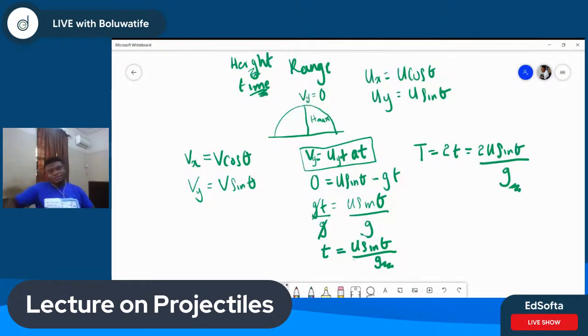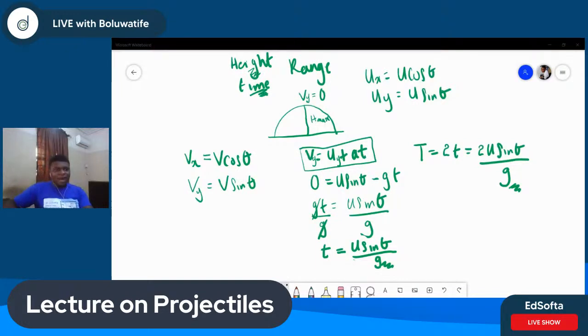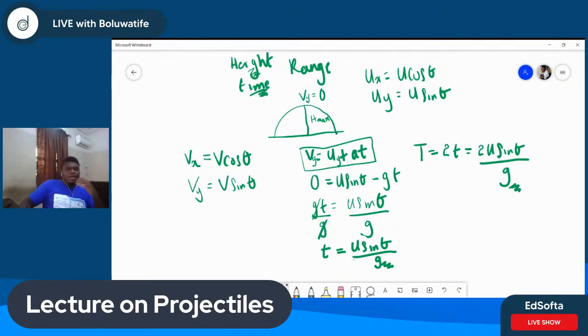So now the next question is, how do I get the height? Another thing that comes to mind is this. You're looking for the vertical height, not the horizontal height. So remember this formula: v squared is equal to u squared plus 2as.